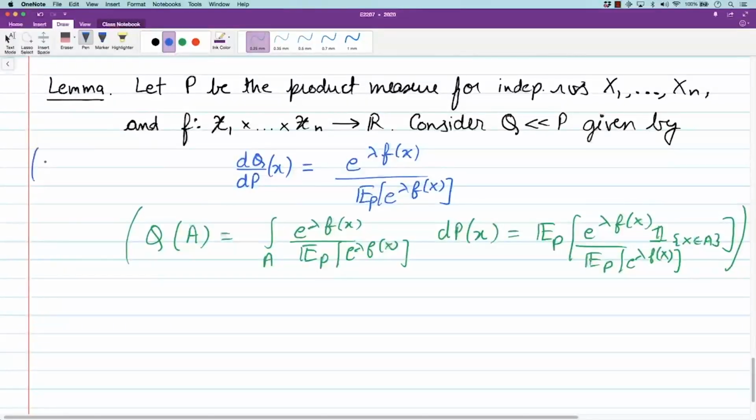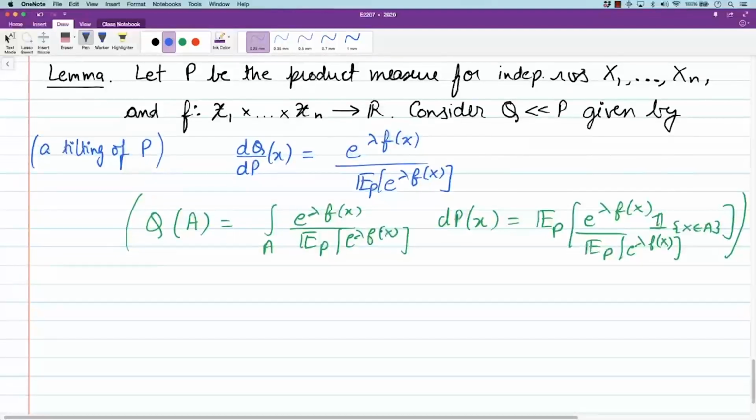It is a tilting of p. Okay, so it's like you take this measure p and you tilt it using this function, and it's an exponential tilting of p because you have this e to the power lambda f(x) here.